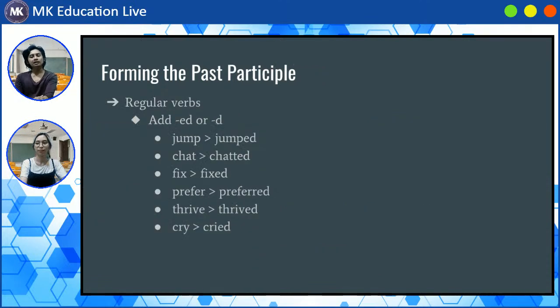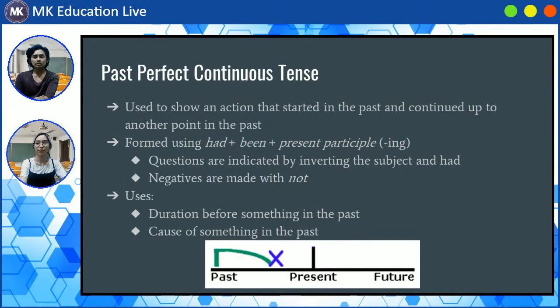Okay? Now we have the past perfect continuous tense. The past perfect continuous tense shows that an action was going on, so it had not completed yet, or it was interrupted by another action that happened in the past.